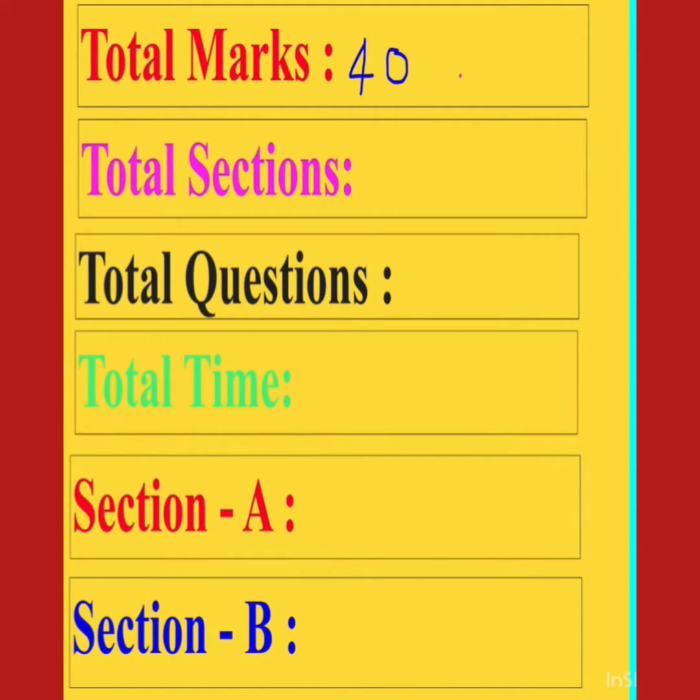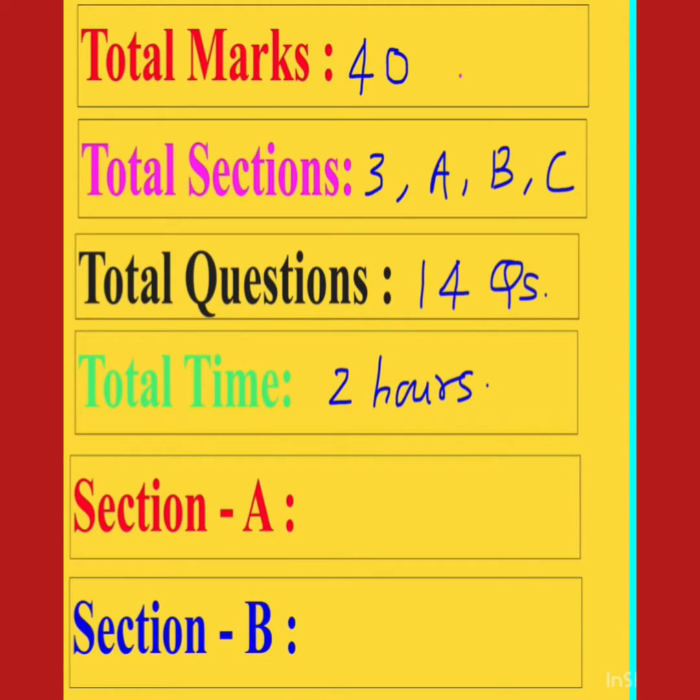There are 3 sections in the question paper: section A, section B and section C. The question paper contains a total of 14 questions, and for solving these 14 questions you will get 2 hours.